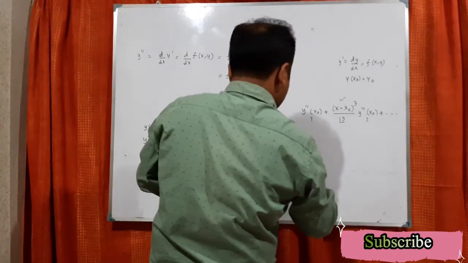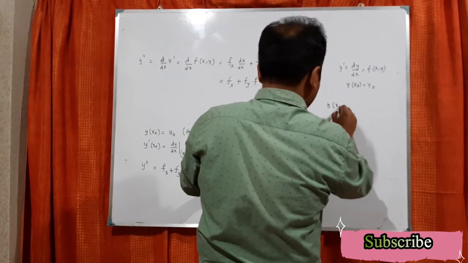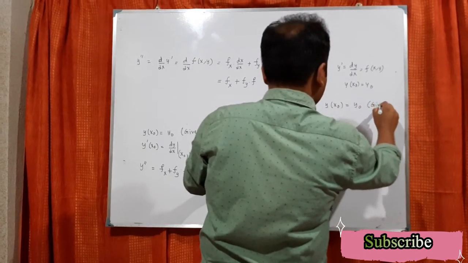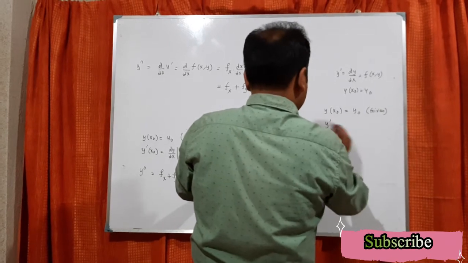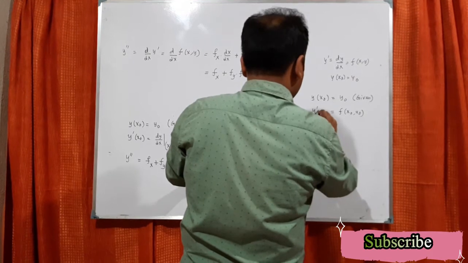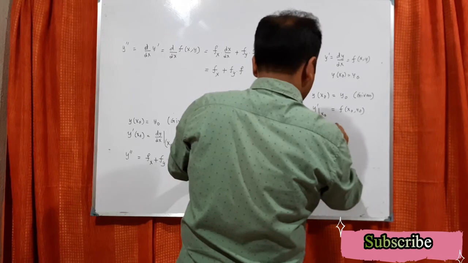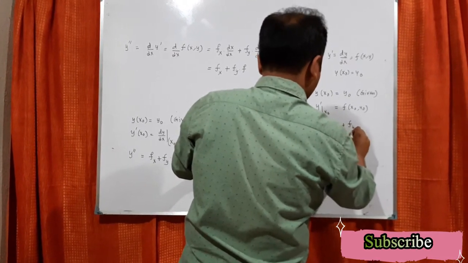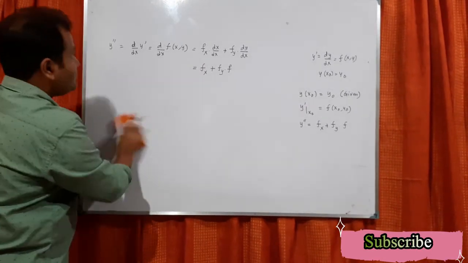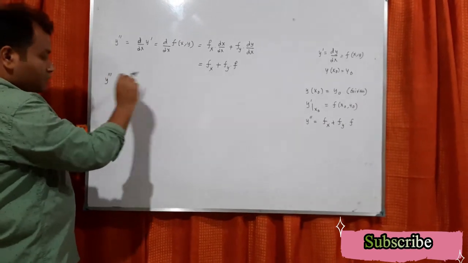So let me write here what we are getting. y of x naught equals y naught, which is given. y dash equals f of (x naught, y naught), and y double dash is the formula f_x plus f_y into f. So everything we have to calculate. Now if I go for y triple dash, we will show the calculation.